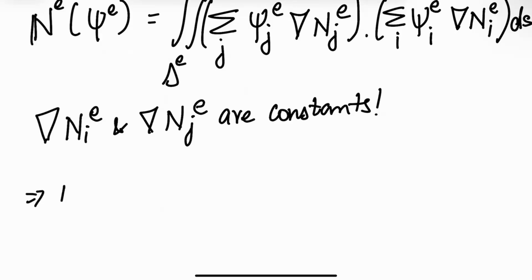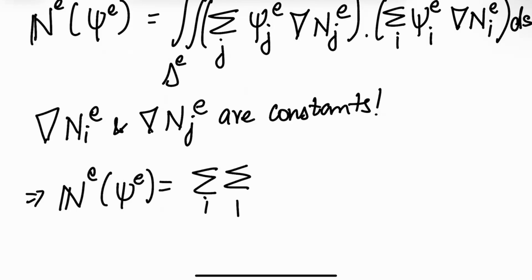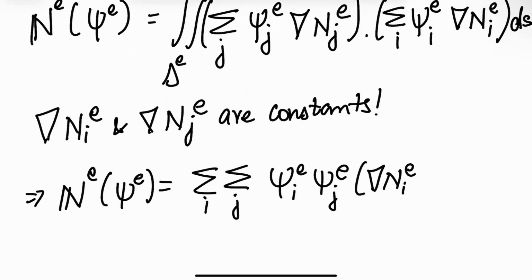Okay, this implies the numerator for psi e is now summation over i, summation over j, psi ie, psi je, gradient Nie dot gradient Nje times the surface integral of the triangle ds.